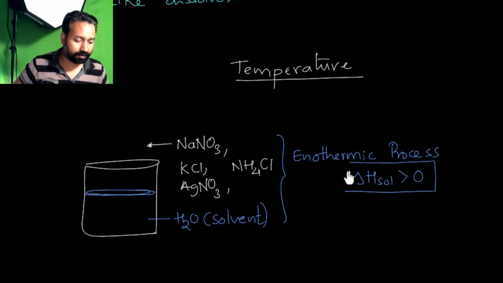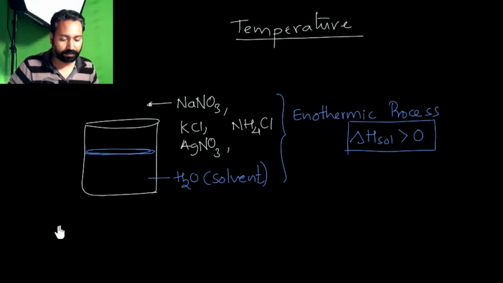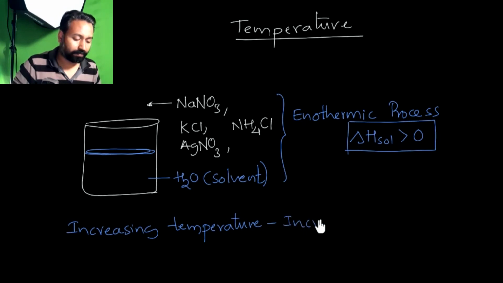In the last year, in the thermodynamics topics, we have studied what the enthalpy of solution is. If the process takes place with the absorption of heat, the enthalpy of solution is positive, or greater than 0. In such a scenario, if you increase the temperature, then more amount of solute can be dissolved.